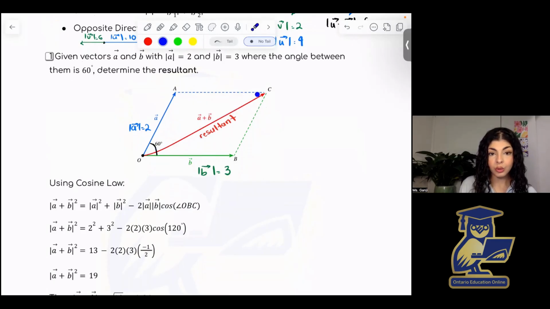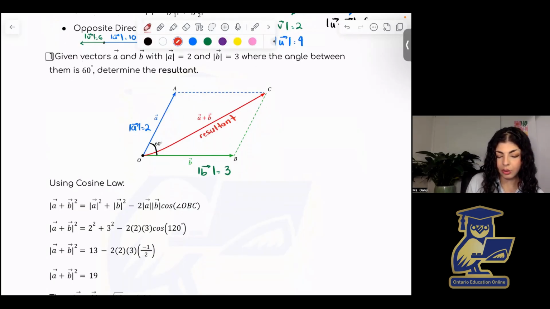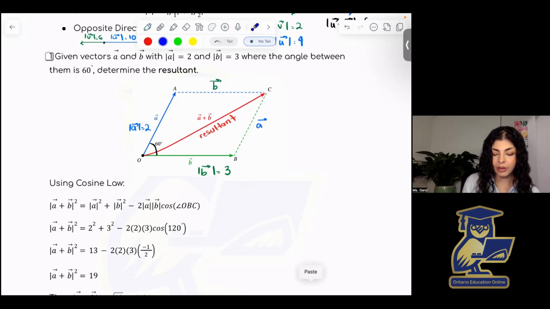So the magnitude of A plus B squared is going to be equal to the magnitude of A squared plus the magnitude of B squared, because this is also B, and then this is A. You can think of it as this triangle or this triangle, doesn't matter. And then you take away 2 times the magnitude of A times the magnitude of B, and then cosine of OBC, the angle we're looking at here.